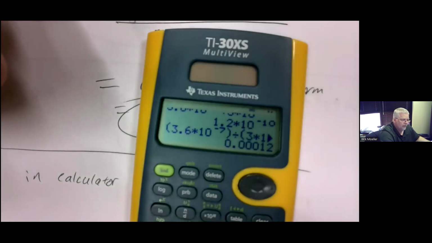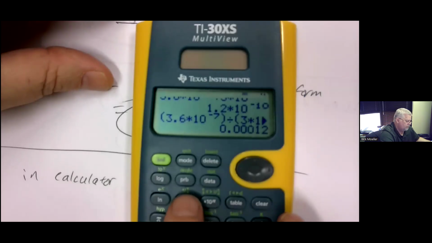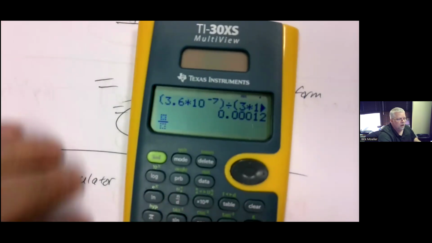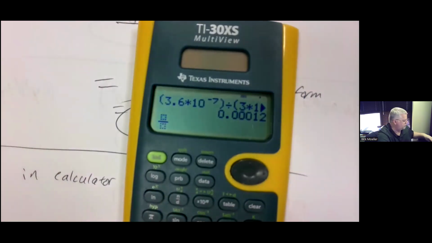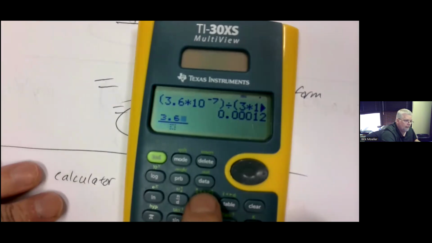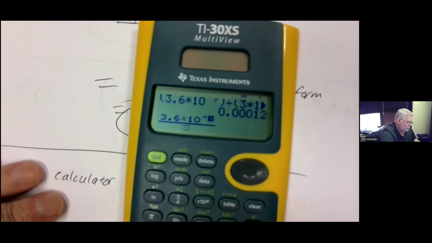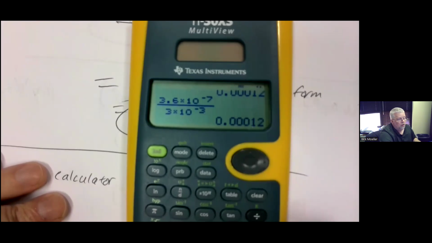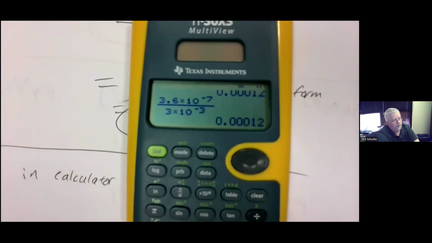Well, what about the fraction button that I mentioned earlier? With the fraction button, let's type it in without parentheses, and then cursor down to get to the denominator. Oh, it gave us the right answer without parentheses that time.